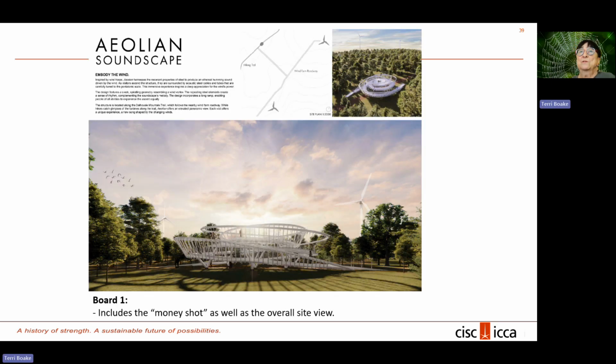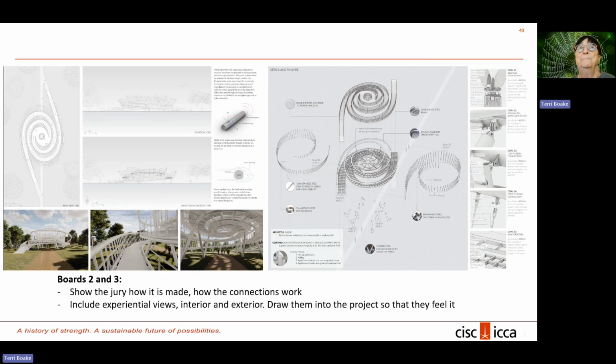This was last year's first prize, the Aeolian Soundscape, and this was a team of first-year students. Again, giving the more experiential shot, plus an aerial view of the project on the first board. And then on boards 2 and 3, showing the jury how it was made, how the connections work, trying to be a little bit more innovative with the orthographics, because there's a certain amount of information that must be included in order to explain it.